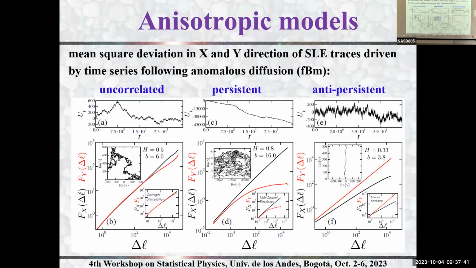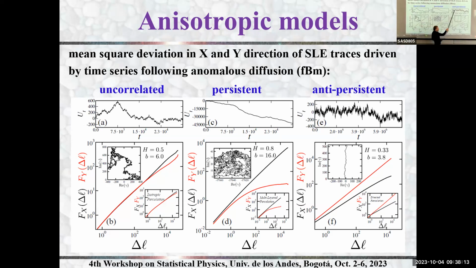And so what you find is that if you take a driving function which is uncorrelated, like the Brownian motion, then you get no anisotropy. If you take a driving path which is persistent, that means it is strongly correlated with a power law with an H exponent of 0.8, then you get a strong anisotropy in one direction.